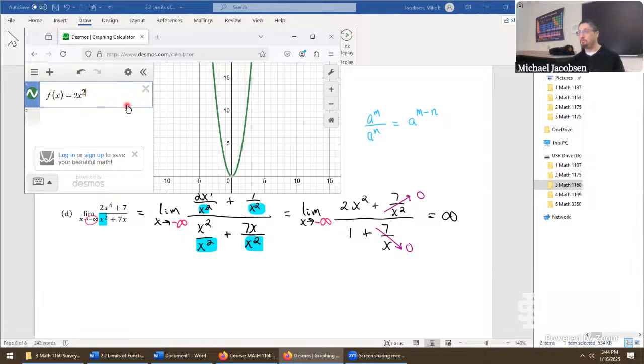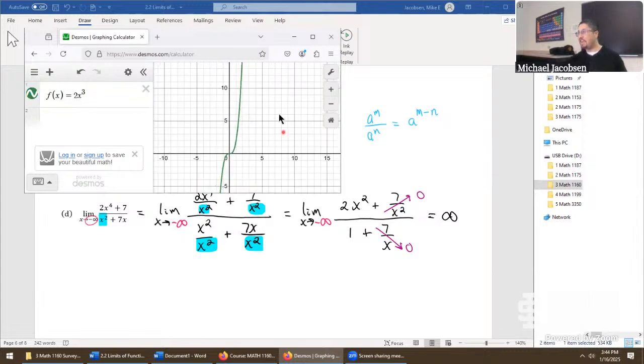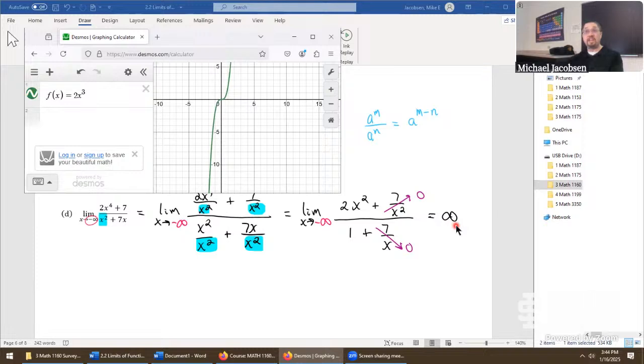But if it was a cube, notice the change there. Our answer would have been negative infinity, because we're going off to the far left, negative infinity on this one. For an odd degree term, this goes lower and lower. So this method of just dividing things out and seeing what's remaining is really good on this one as well, because of the potential trickiness with negative infinity.